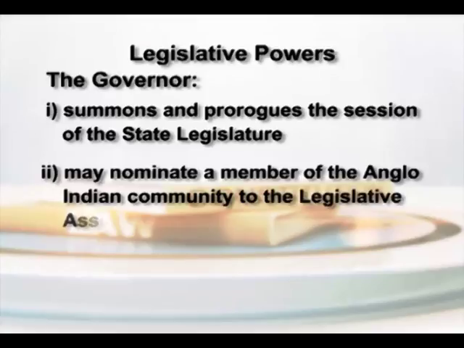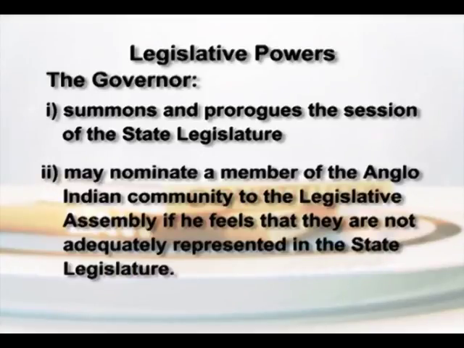Secondly, he may nominate a member of the Anglo-Indian community to the Legislative Assembly if he feels that they are not adequately represented in the state legislature. Not only that, the governor may nominate 1/6 members of the upper house, which is popularly known as the Vidhan Parishad.